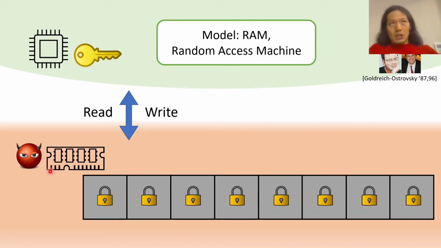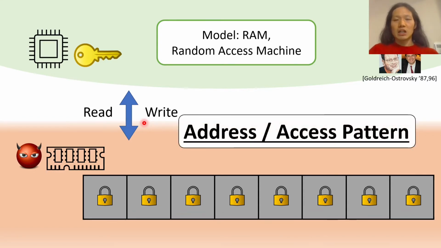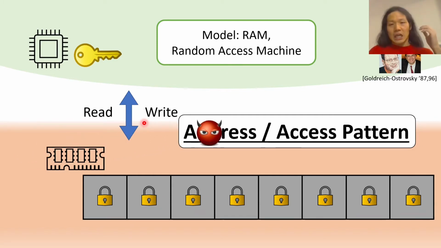The processor and the memory communicate using read/write and the address of a memory word in the memory array. Similar to the client-server example, all the memory contents are encrypted, so an adversary corrupting the memory can only see the accessed addresses of memory words, which is also called the access pattern.